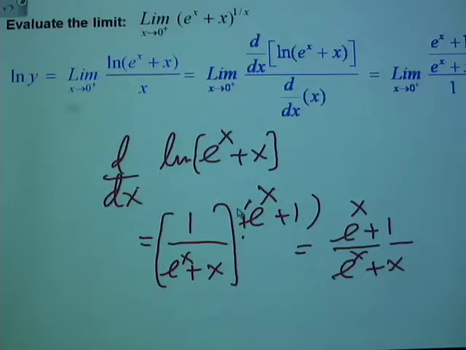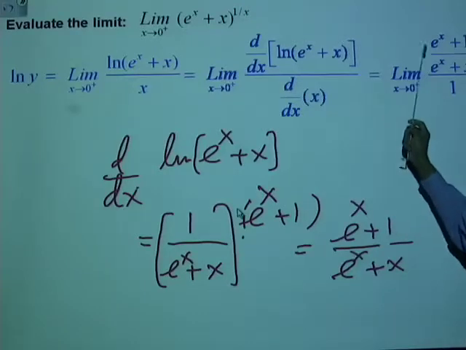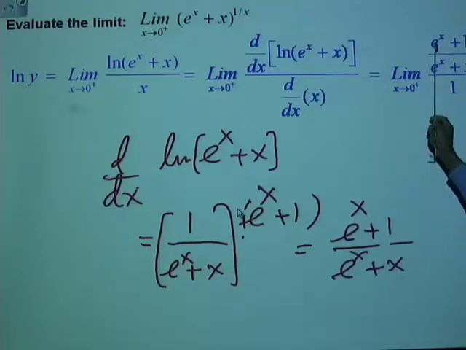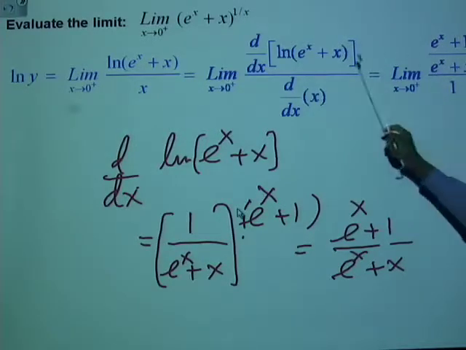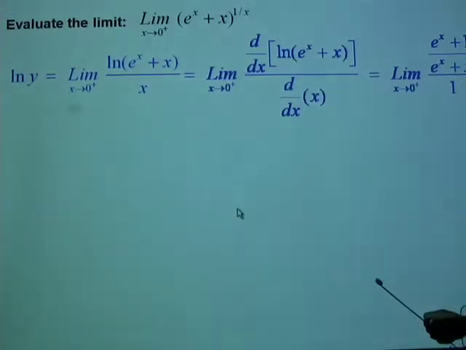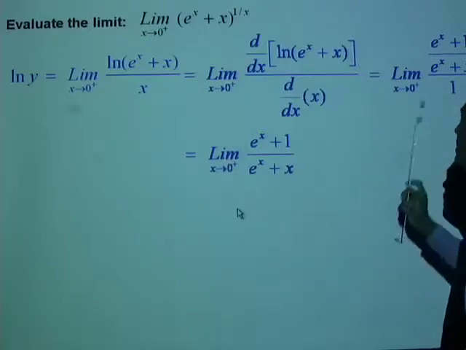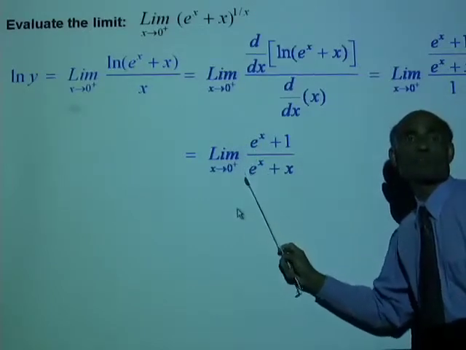And that's what the derivative of the numerator is. Derivative of this quantity, that is what I have here. e to the power of x plus 1 over e to the power of x plus x. And the denominator, of course, is 1. Okay. And because the denominator is 1, we don't need to worry about it.